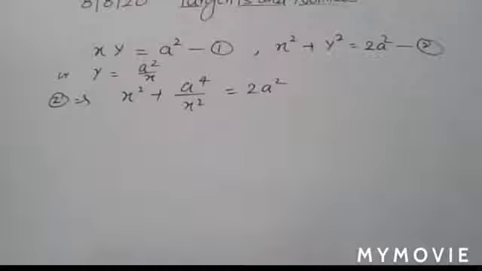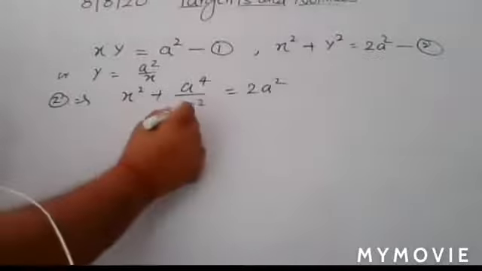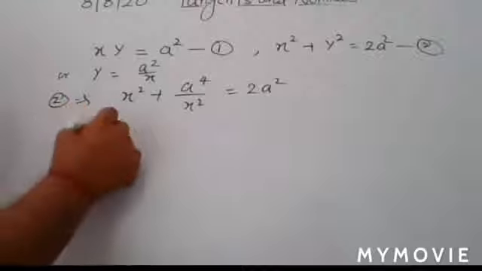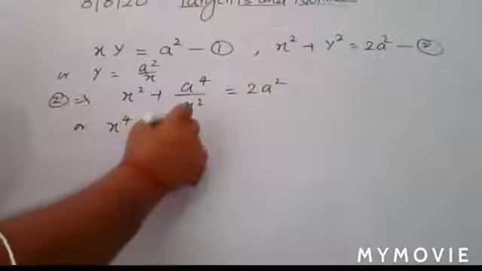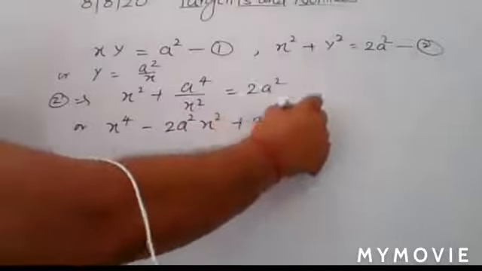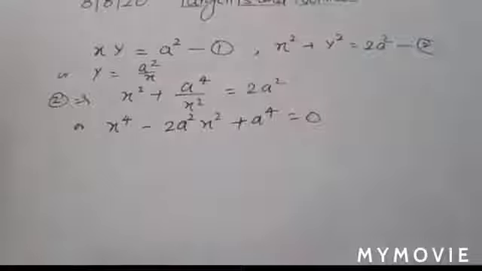Now multiply each term by x square. So you have x to the power 4 minus 2a square into x square plus a to the power 4 is equal to 0. Understand? So in this way, you have your equation.